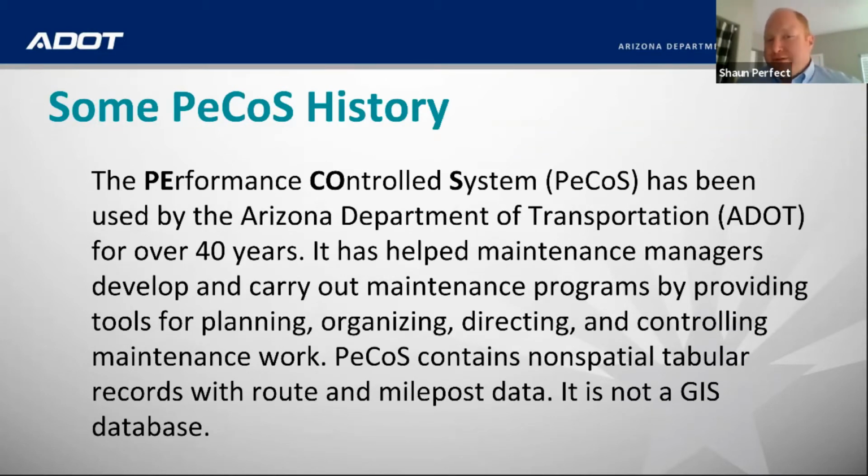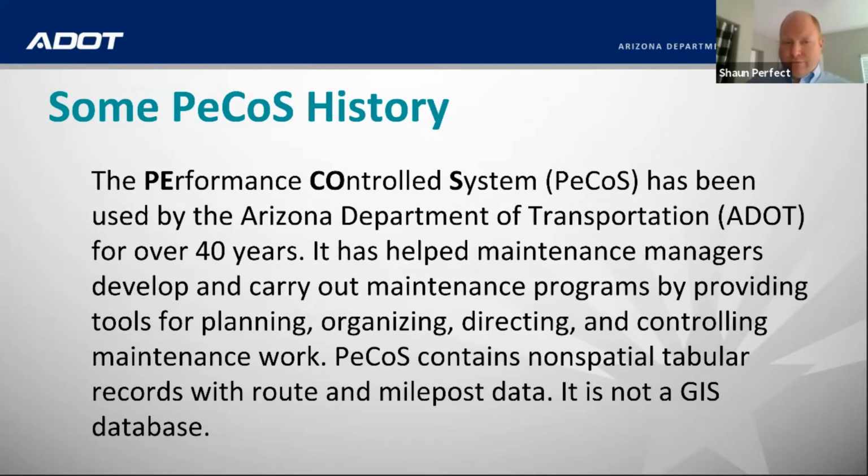Some PeCoS history. I know you're looking at the word PeCoS and wondering if a kindergartener wrote that. But no, it makes sense. It stands for the Performance Controlled System. It has been used by ADOT for 40 years and has helped maintenance managers develop and carry out maintenance programs with planning, organizing, and controlling maintenance work.